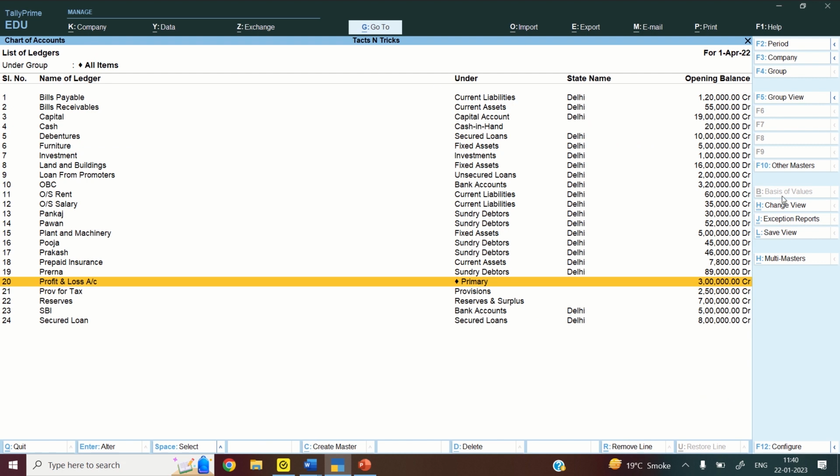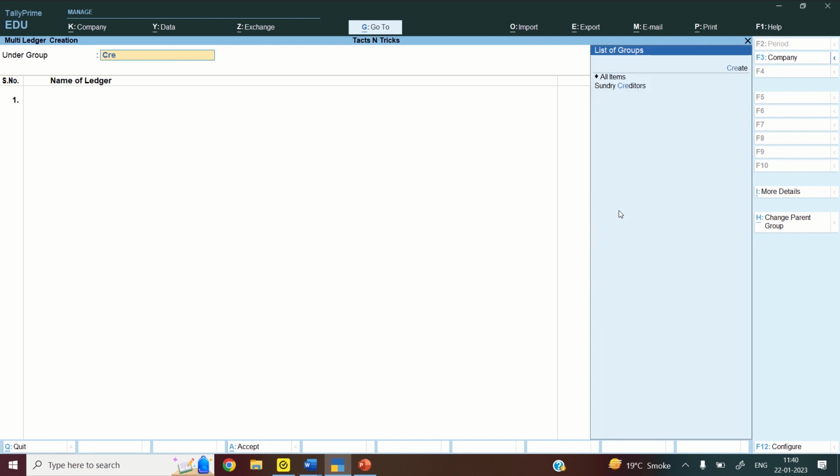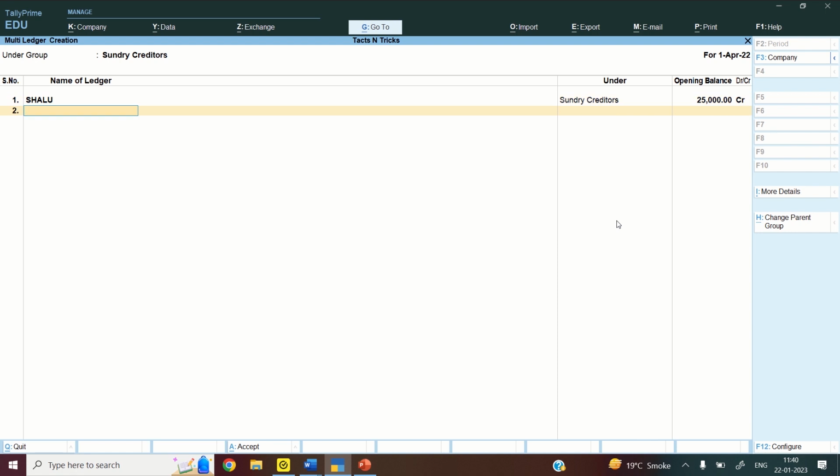Now I will prepare creditors similarly to debtors. So I will go to multi-masters, multi-create, and I will go to creditors. So creditors, number one, Shalu is given to me, creditor. Shalu amount is 25,000. Then Sangeeta, and the amount given is 30,500.